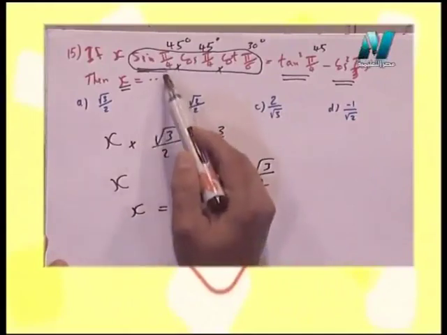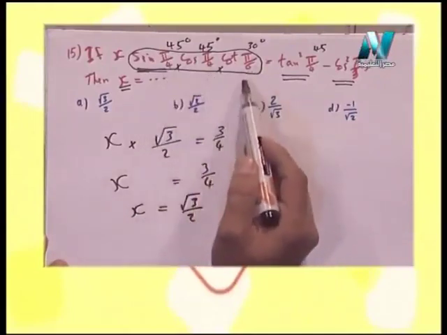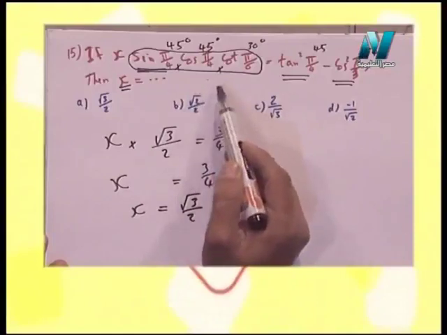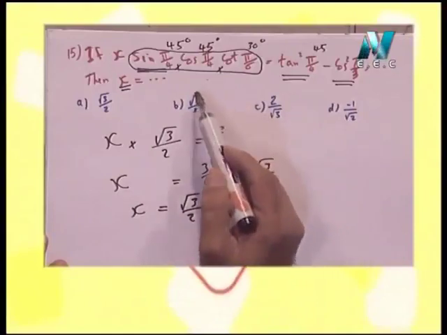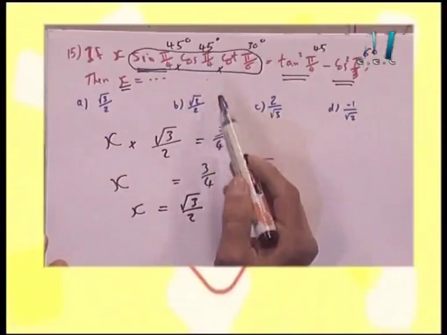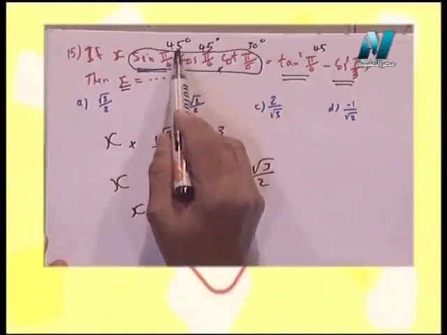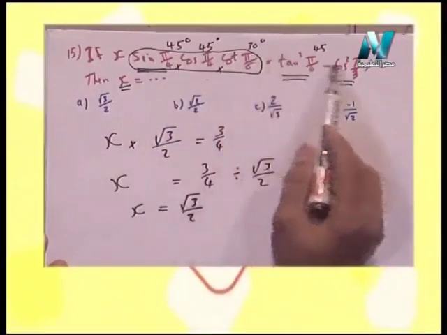You can use pi over 4 itself and pi over 6 if you convert your calculator to radians, but if it's degrees, you use 45 degrees, 30, and so on.